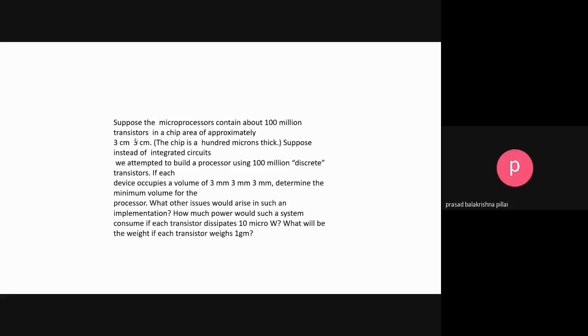That was the importance. This was to impress upon you the importance of microelectronics. You could never have made a microprocessor without microchips or microelectronics, because if you are only using discrete transistors, forget about vacuum tubes, even with transistors, if you are using discrete transistors, you could never have made a processor.